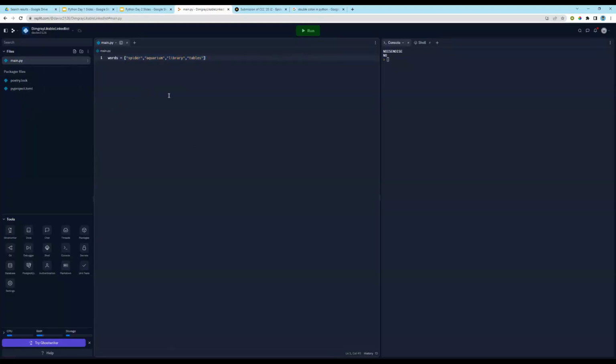It's pretty easy to guess, but for simplicity's sake, I'm just going to include 4 words. You can have as many as you want, stored in a list. Remember how we initiate a list: we use square brackets, with commas in between. This is how we make a list.